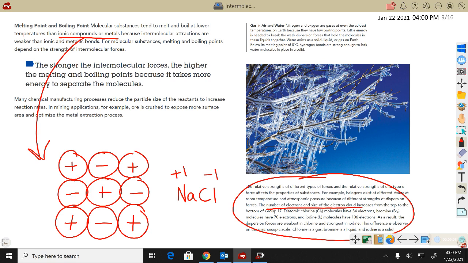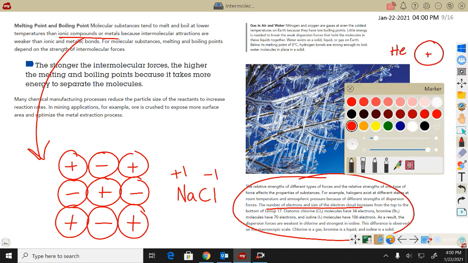And so, for example, let's say I switch gears and do helium. Helium is a really small atom. Here's going to be helium, and it's got its positive nucleus. And helium only has 2 electrons.